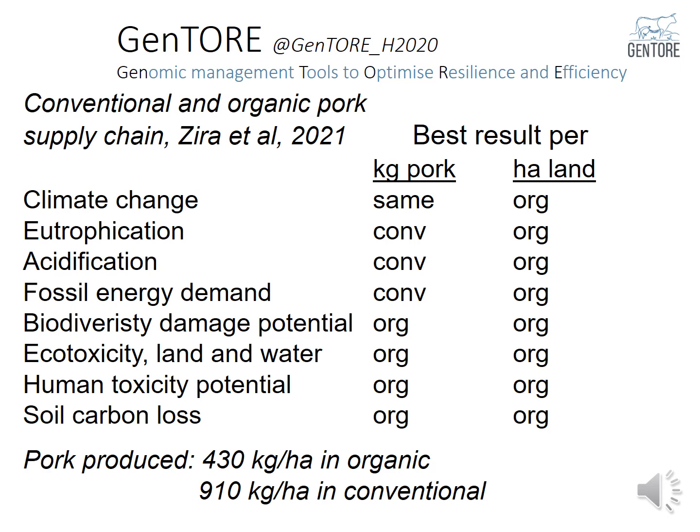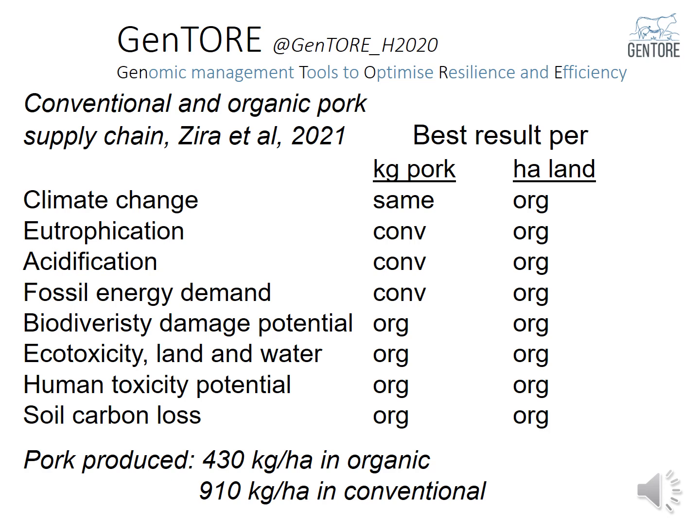We have compared conventional and organic Swedish pork production and conclude that when assessing systems differing in efficiency, it is wise to assess the impact both per kilo or ton product and per hectare land used in the production system. The most sustainable production system is then the one with a lower negative impact in most aspects, both when calculated per kilo product and per hectare.